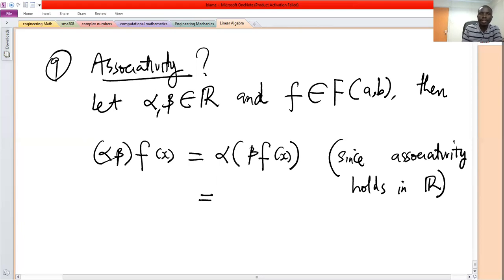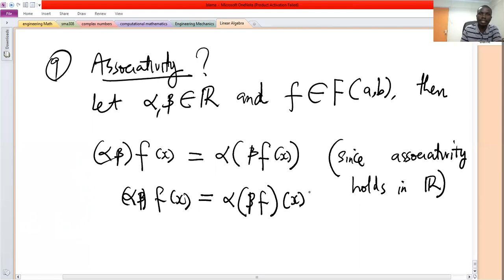Now this can be written as alpha into, so beta f of x can be written as beta f of x. So it means we have alpha beta times f of x is giving us this result. This is to say that if you take alpha times beta, you multiply by f, then you get alpha into beta times f.